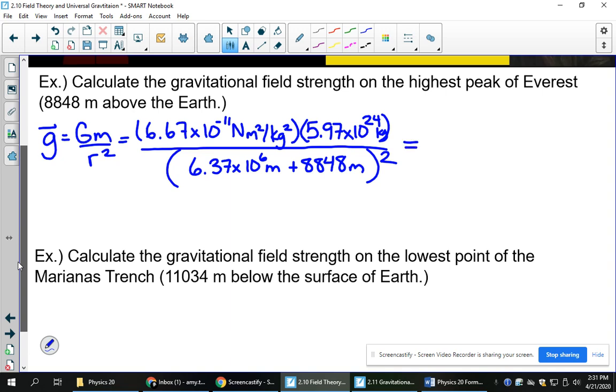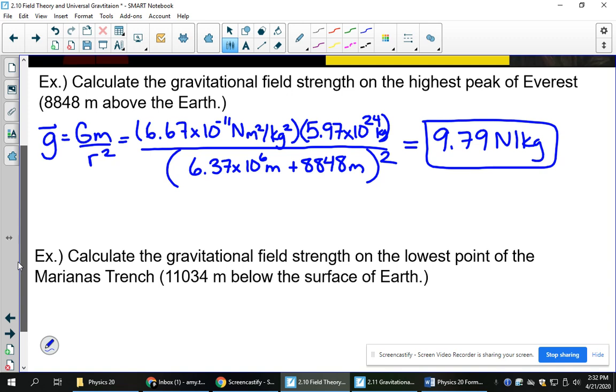And what you should get is 9.79 newtons per kilogram. So think to yourself, does it make sense that we've got a smaller acceleration due to gravity when we're on the top of Mount Everest? So we're further away from the mass that's causing the gravitational field.